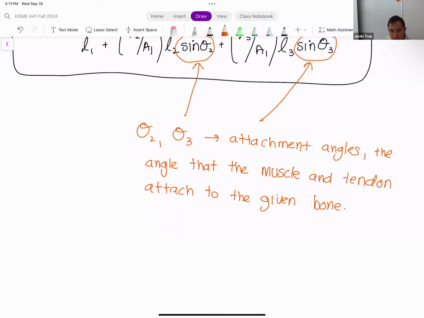So this ranges anywhere between, well, it can almost never be zero, but maybe around 0 up to 90 degrees.